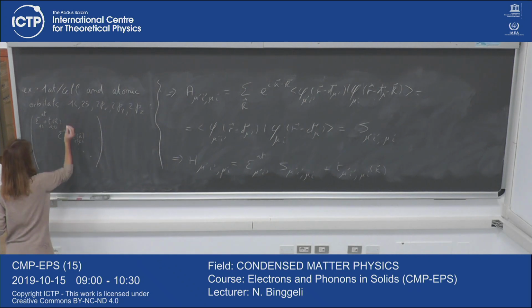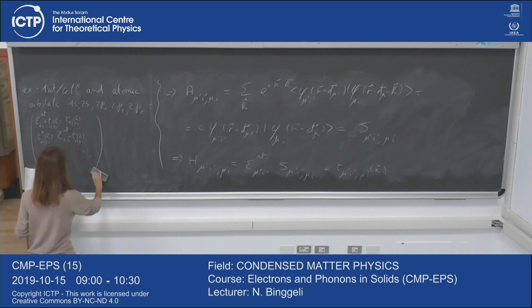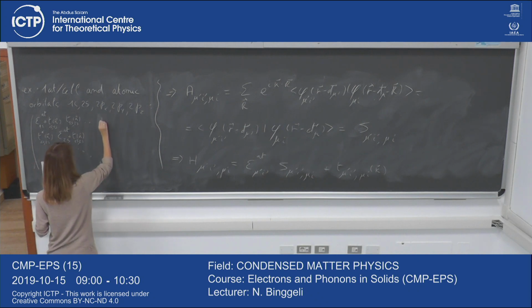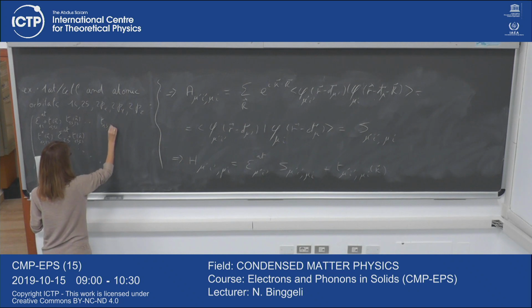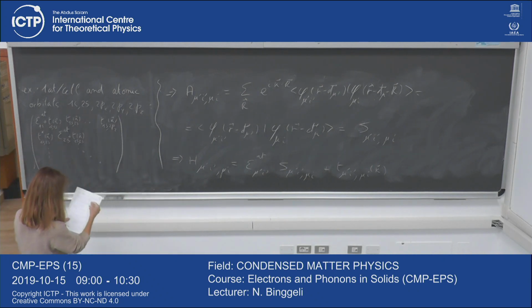So I will have here T 1s 2s of k, and its complex conjugate here. And so on. So maybe I'll write the last one. I will have as last one here the 1s 2pz hopping term. And here the complex conjugate. So this is my H matrix.